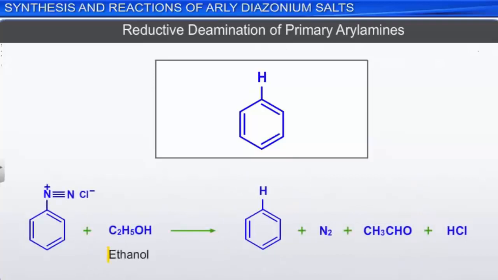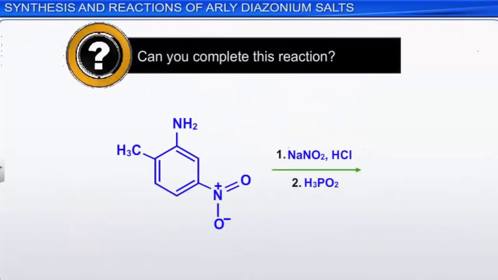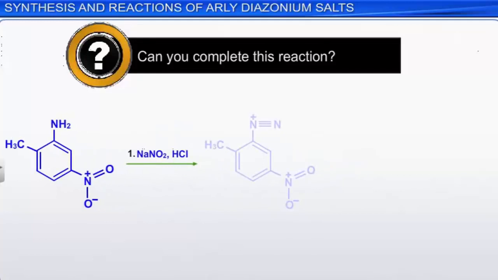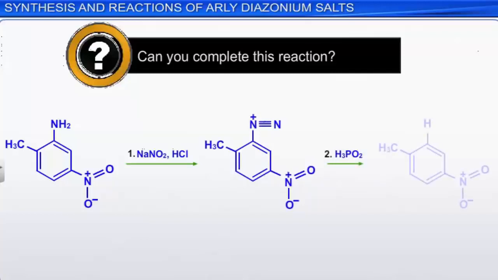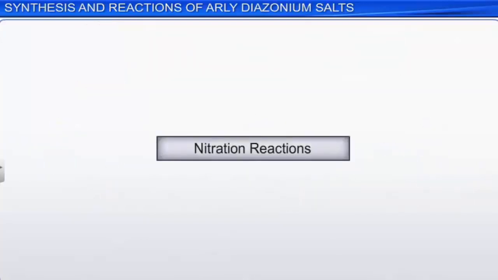Can you complete this reaction? In the first step, the corresponding diazonium salt is prepared. Next, the diazonium group is replaced with a hydrogen atom. Nitration reactions replace the diazonium group by a nitro group.